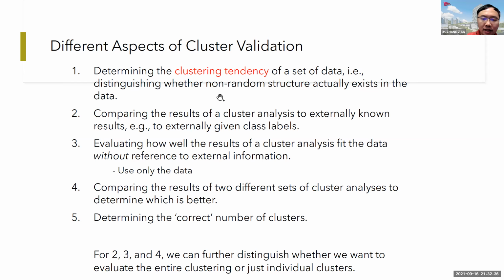First is determining the clustering tendency of a set of data. This means you want to distinguish whether non-random structure actually exists in the data. Based on your visualization, you already observed that there is some structure there, so there will be some tendency of clustering. And you would expect your clustering results to extract those structures you observe with your eyes, okay?